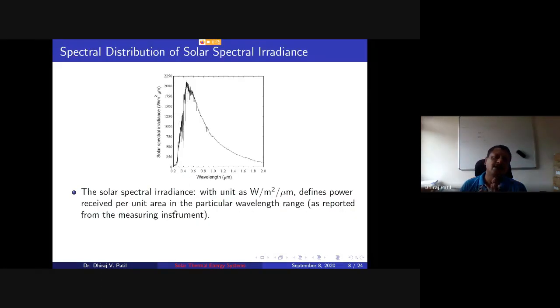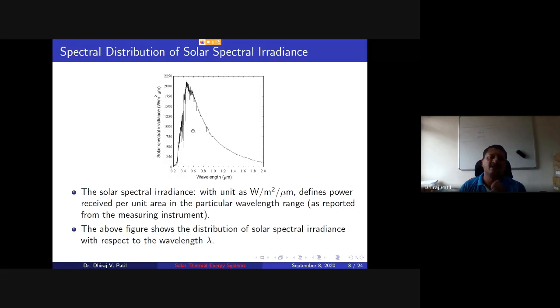So if you look at the irradiance with respect to wavelength, irradiance is defined as the power received per unit area, in a particular wavelength range, as reported from the measuring instrument. We can measure this outside the Earth's atmosphere or on the Earth's surface, and we can distribute the energy over the various wavelengths. So this is how it is distributed.